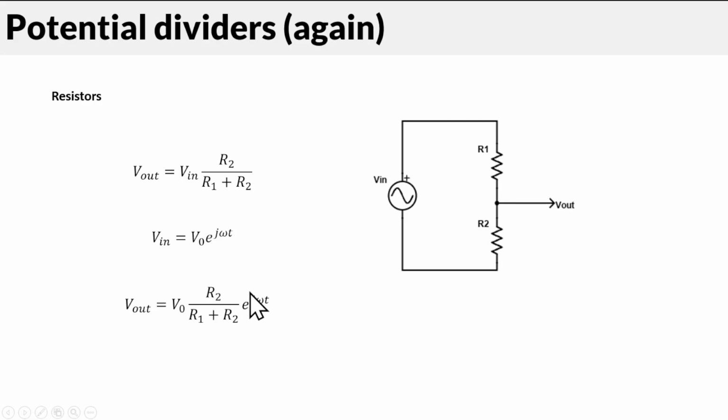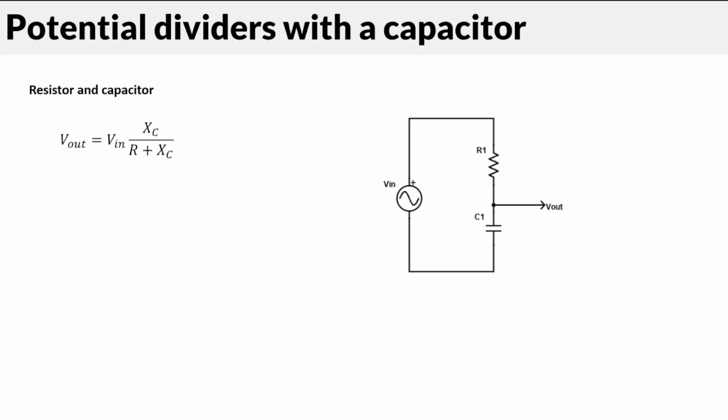And then this oscillating part is exactly the same as in the input. There are no imaginary numbers here, no phase shifts, just an output voltage which is proportional to the input voltage in exactly the way you'd expect for a potential divider. So the input and output voltages are going to be in phase with each other, and proportional to each other at all times.